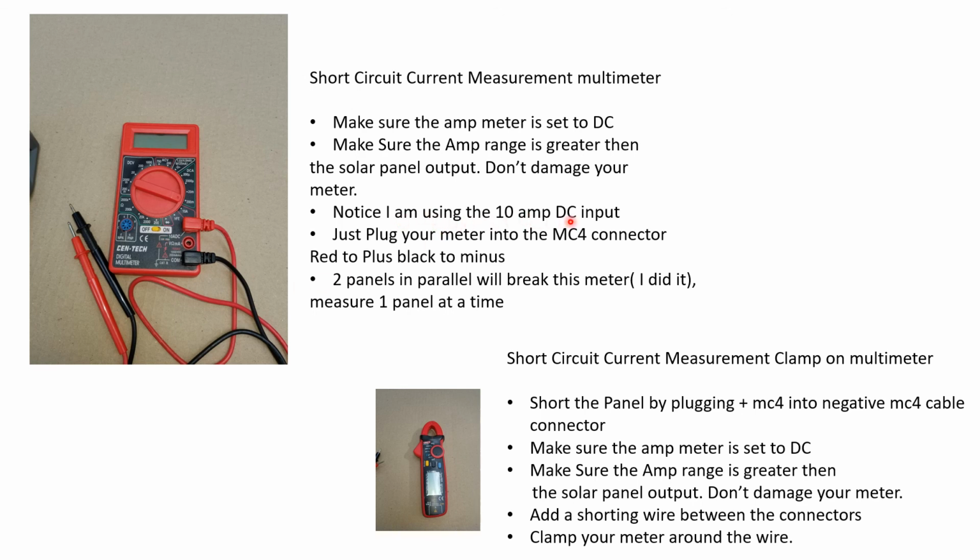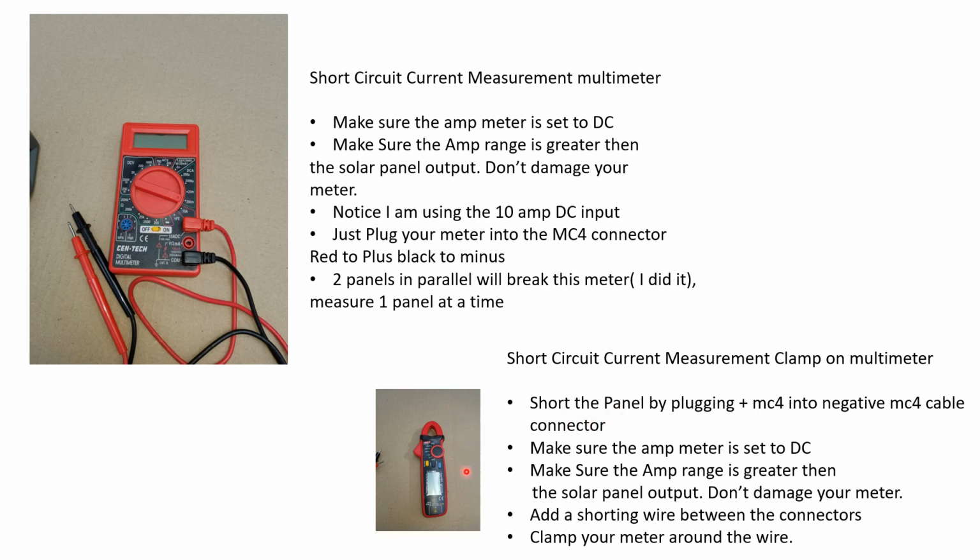Notice I'm using the 10 amp DC input and just plug these probes directly into the MC4 connectors, and you can measure and set your dial to DC amps, and you can get the short circuit current with this. Just be careful that you don't do 2 panels at a time, because that exceeds the limit of 10 amp input for this device and you'll blow it up, and I did that myself. So don't measure 2 panels in parallel.